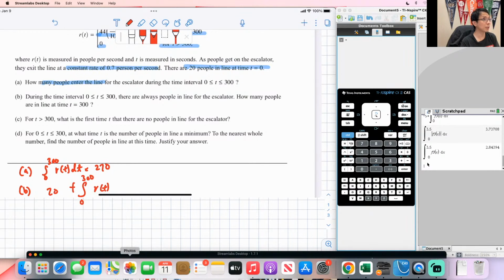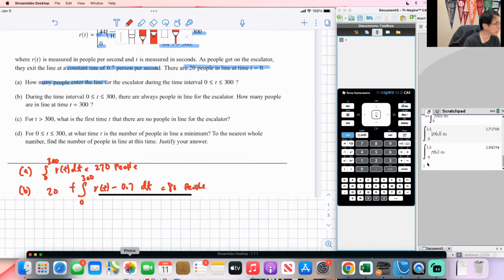Now, those are people getting out, so that's minus 0.7 dt. Some people do it differently, after the integral, just 0.7 times 300. That's the same thing, because integrating 0.7 gives 0.7t, times 300 anyway. So this one will end up being 80 people.